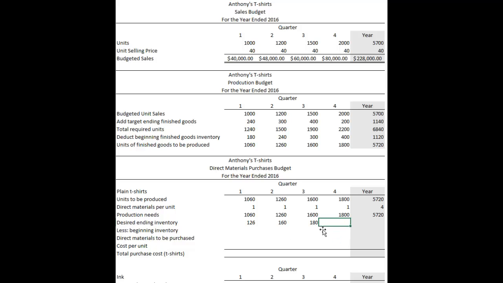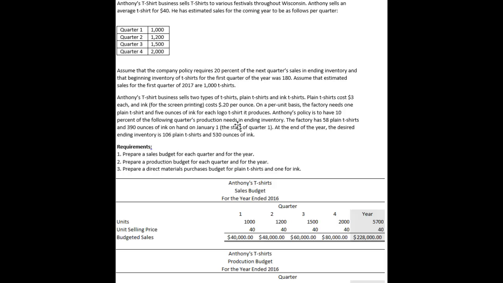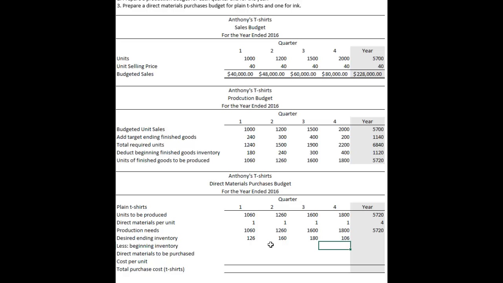Oops, and then the last quarter, obviously you see the error I made there. For quarter 4, we can't take production needs of the yearly total. We would take 10% of quarter 1 of the next year, but we don't have that production number, which is why they tell us up here somewhere that the desired ending inventory at the end of the year is 106 plain t-shirts. So that number goes in here, 106.